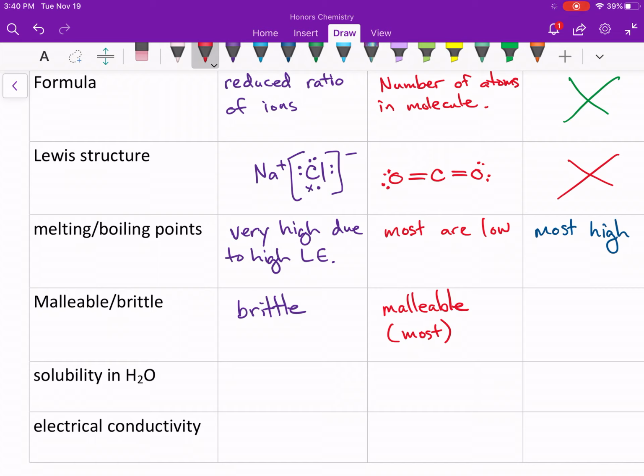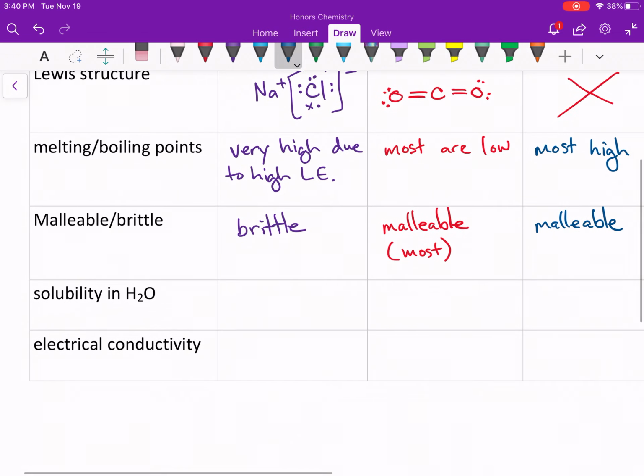Also, solid sulfur can be a bit brittle as well. But I would say most of them are malleable. Again, talking about things like plastic, those tend to be bendable without breaking. And then metals do tend to be malleable, although that does vary. We have some metals that will break, not really shatter like ionic compounds, but will tend to break with enough force added instead of bending.